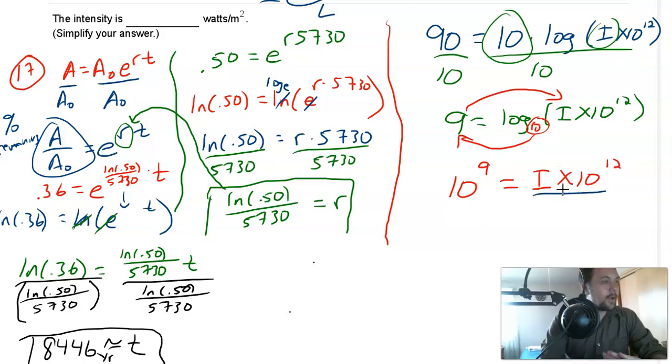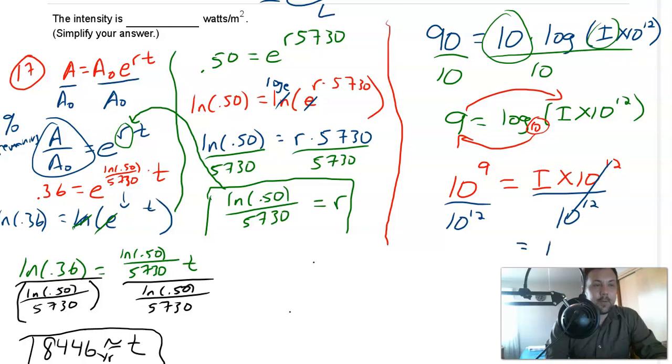This is one of the only cases I've ever seen in an algebra class where X is actually multiplication, right? It's written in that way because it's like scientific notation where we commonly use X for multiplication. You don't normally see that in a formula like this, but it literally means multiplication. So to cancel out that 10 to the 12th power, we will divide by 10 to the 12th power.